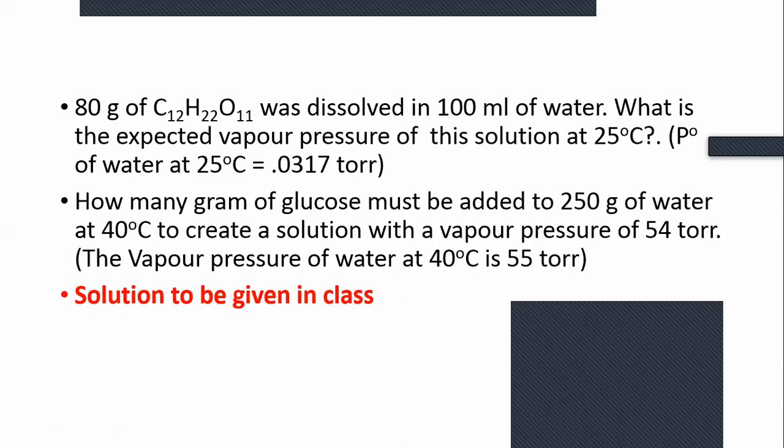Now we have our P solution, which is 54. That is the vapor pressure of solution. It's going to give us the mole fraction of water times the vapor pressure of water, which is 55. So we have 54 is equal to X water times 55.